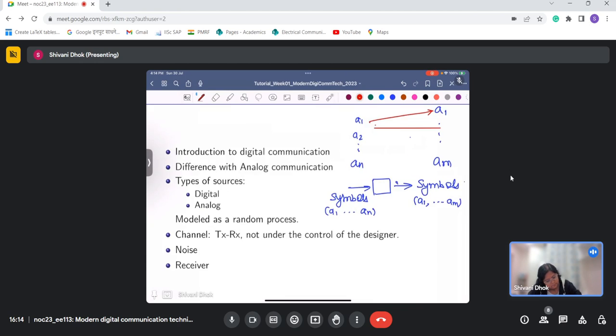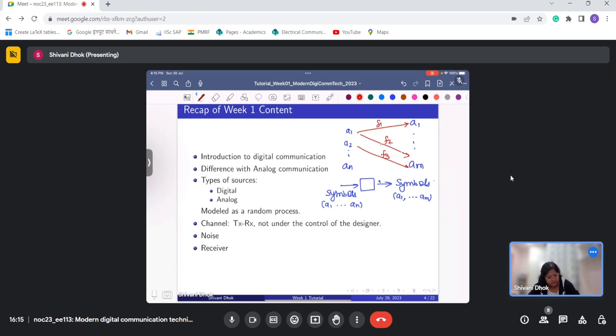Now let's say there are some functions F1, F2, similarly F3. Whatever F1, F2, F3 represent, some conditions or some probability or some measure, that will lead to conversion from a particular symbol to another particular symbol. That function is one type of characterizing that channel. This is a channel which takes symbols as inputs and gives symbols as outputs. So this is one example.